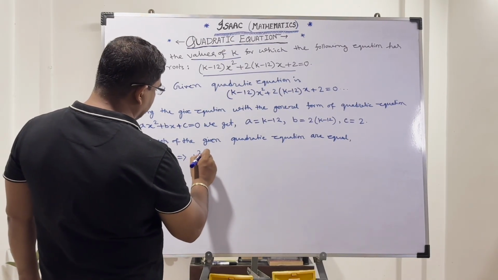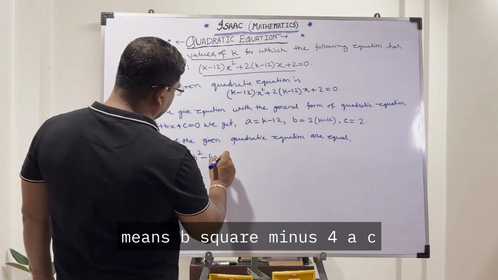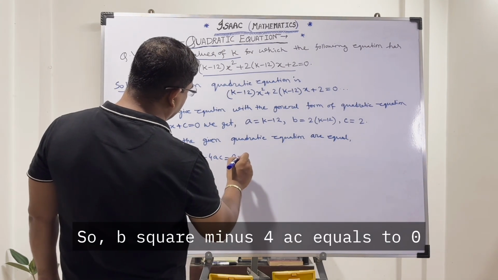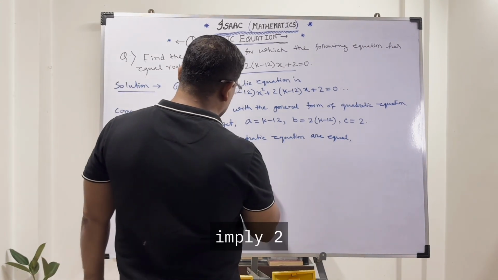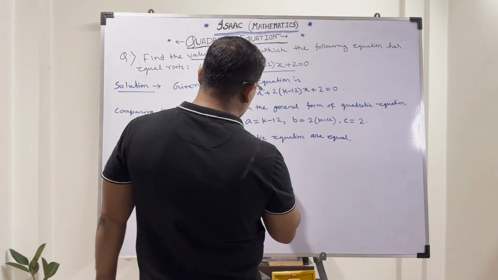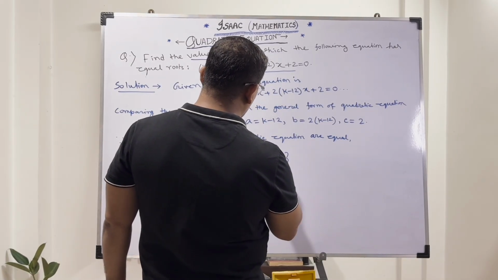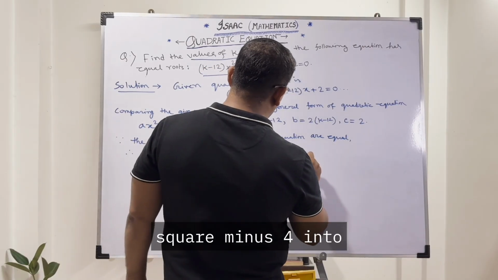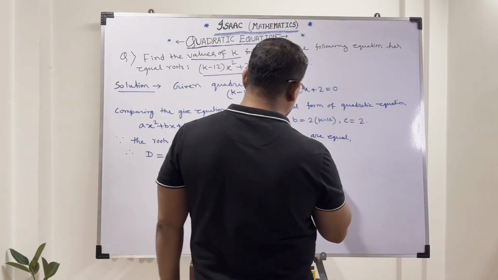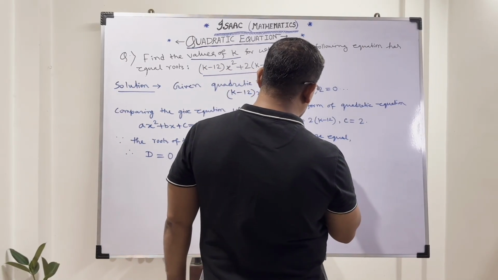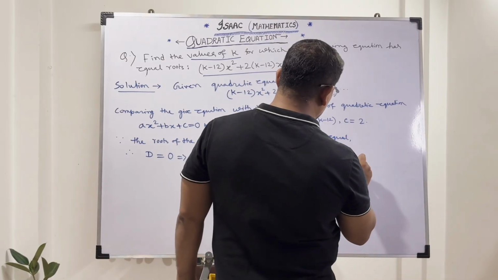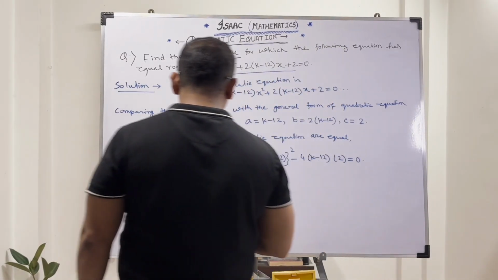D means b square minus 4ac. So b square minus 4ac equals 0, which implies (2 into (k minus 12)) whole square minus 4 into (k minus 12) into 2 equals 0.